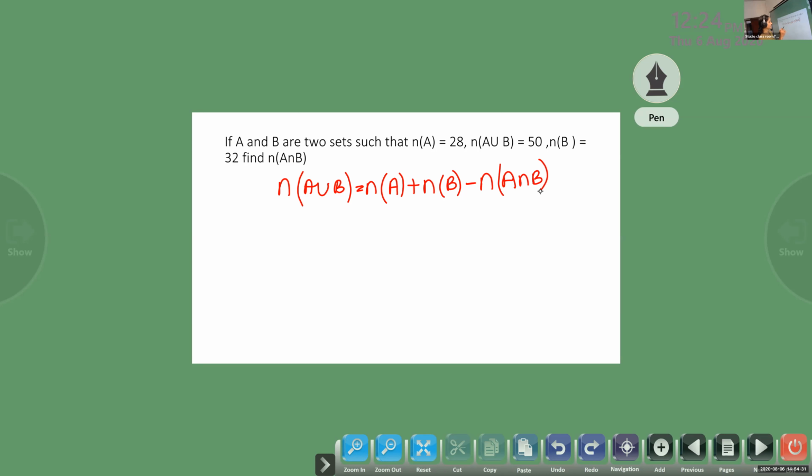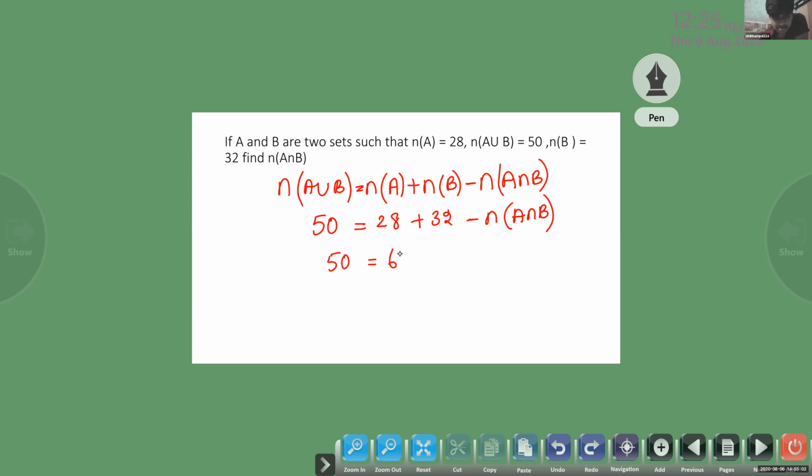Good. Now apply the values given. What is n of A union B? It is given as 50. So 50 is equal to n of A plus n of B, 28 plus 32, minus n of A intersection B. This we don't know, isn't it? This is what we want to calculate. So what is 28 plus 32? 60.